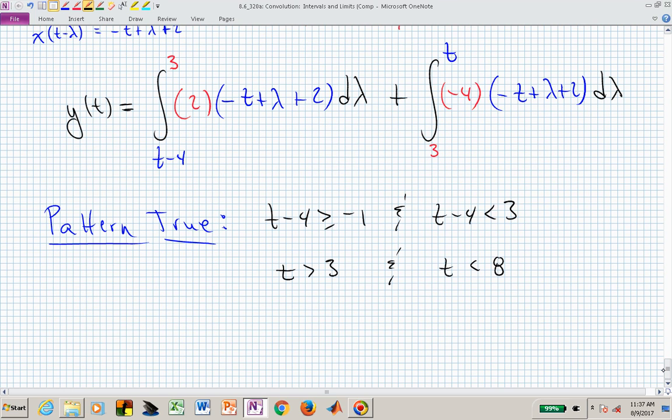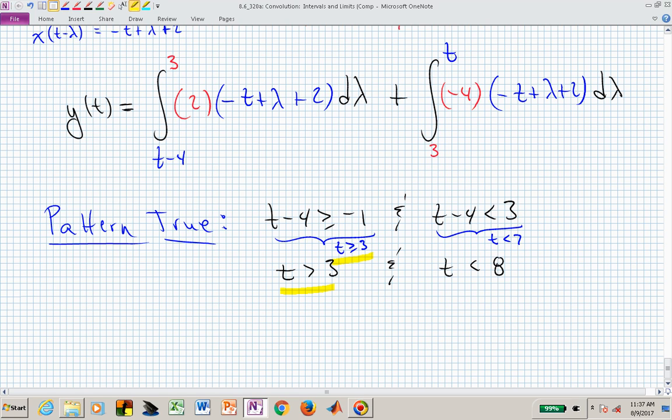Let's now see what we have. And we want to take the intersection of all of these constraints. This one, if we add 4 to both sides, we see that t is greater than or equal to 3. This one says that t is less than 7. And here, these two are actually consistent.